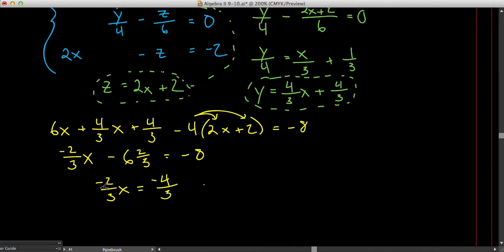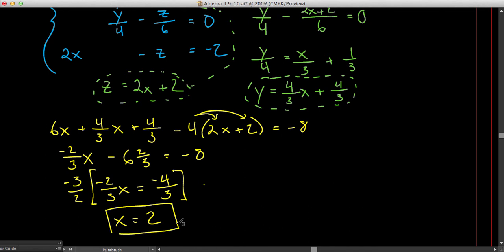And then I can multiply everything times negative 3/2 to cancel the negative 2/3. And then I'm just left with x equals, and the 3 and the 3 cancel, the negatives cancel, 2. And there we go. We have a value for x now, which is 2, which we can now plug back in to solve for z and y.